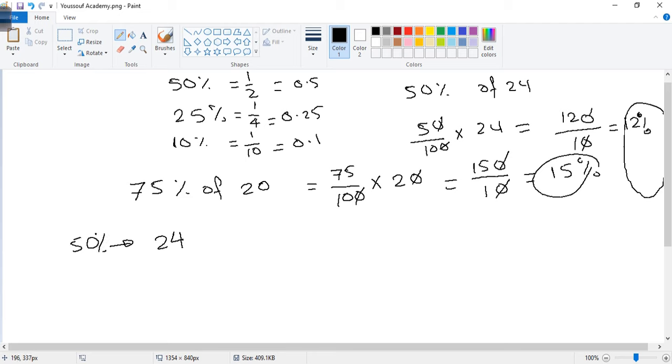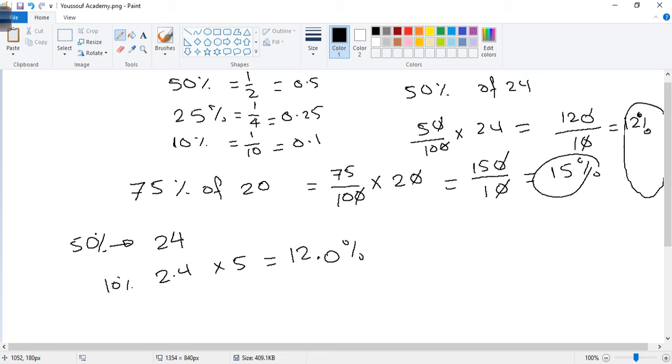He wants 50%. 10% of 24 is 2.4. 2.4 times 5 will give us 50%. 4 times 5 is 20, 0 and carry 2. 5 times 2 is 10 and carry 2 is 12. Decimal point after one place, it will be 12.